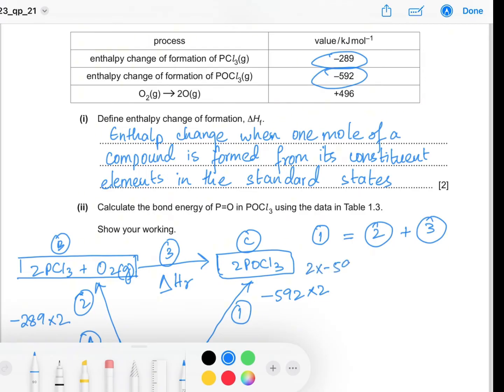So 2 into negative 592 is equal to 2 into negative 289 plus enthalpy change of reaction, which comes out to negative 606 kilojoule per mole.